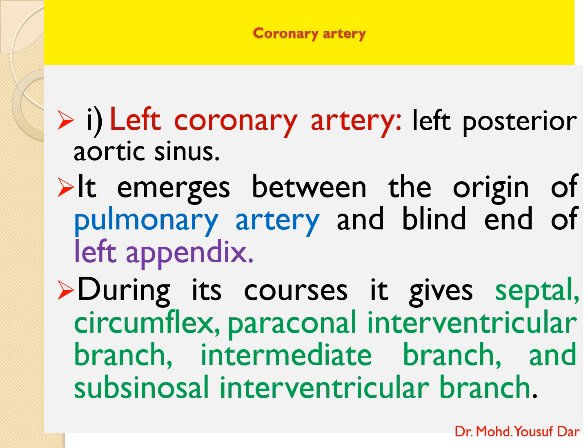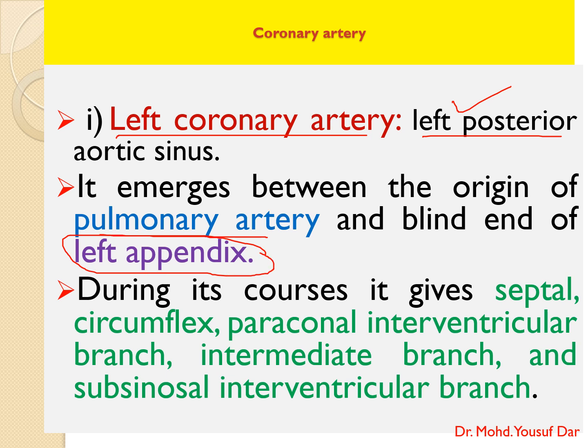So the left coronary artery arises from the aortic sinus which is the left posterior. When it arises, it emerges between the origin of the pulmonary artery and the blind end of the left auricular appendix.